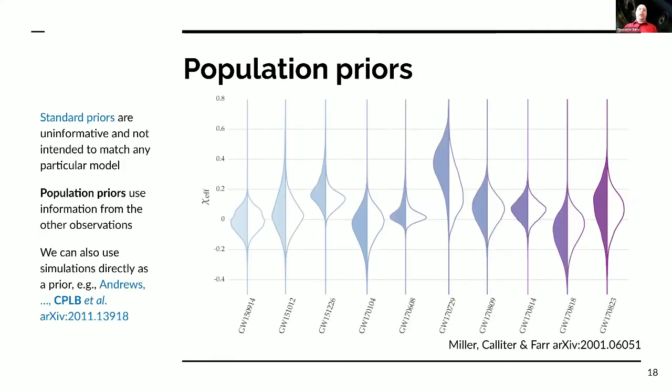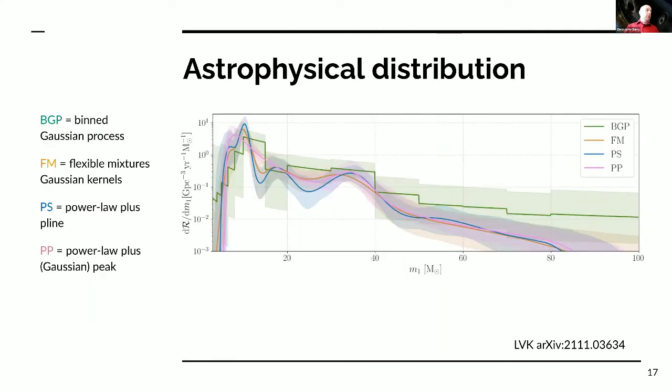One thing I want to point out, coming back from this point, having now inferred the astrophysical distribution, is that we can use this to look again at other results we have calculated.